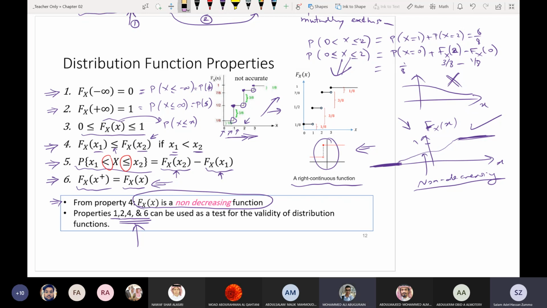Yeah, I'm sorry. It is 7 over 8. Yeah. أيوة 7 over 8. So we have 1 over 8 plus 7 over 8 minus 1 over 8. They cancel each other and you end up with 7 over 8. Did I miss anything here? fx of 2 is 7 over 8. Yes.